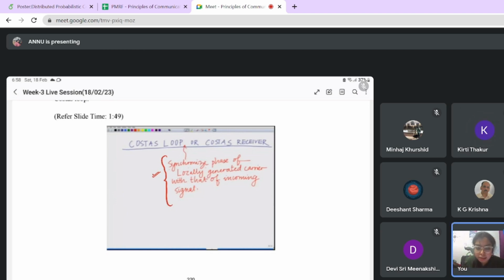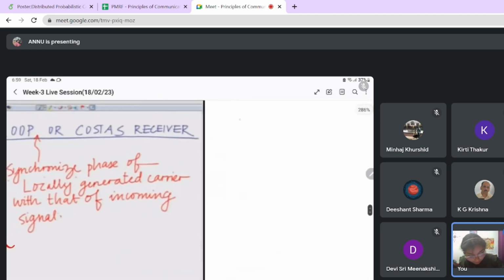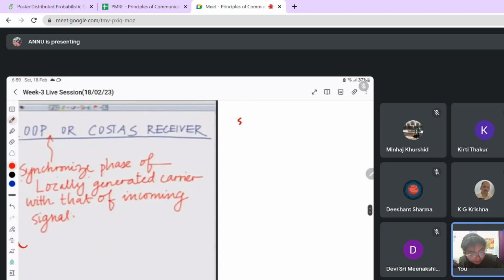Okay, nice. So this is one way to do it, but we can also have others. For example, here what we are doing is sine multiplication and cos multiplication.